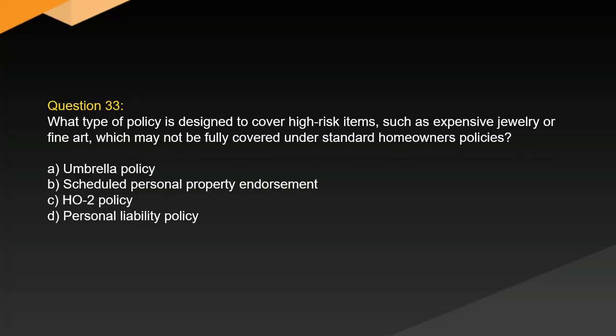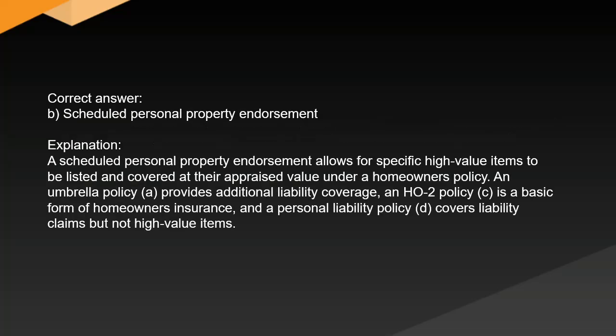Question 33. What type of policy is designed to cover high-risk items such as expensive jewelry or fine art, which may not be fully covered under standard homeowners policies? A. Umbrella policy. B. Scheduled personal property endorsement. C. HA2 policy. D. Personal liability policy. Correct answer: B, Scheduled personal property endorsement.